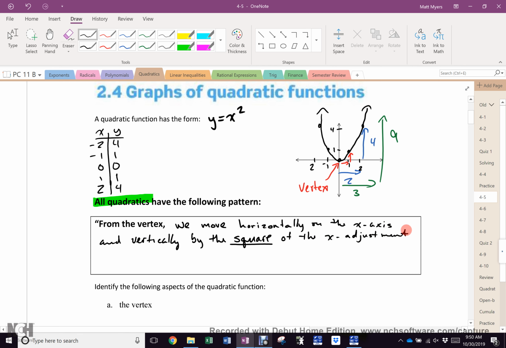All right? And that is how every parabola starts. Everything else is an adjustment to that.